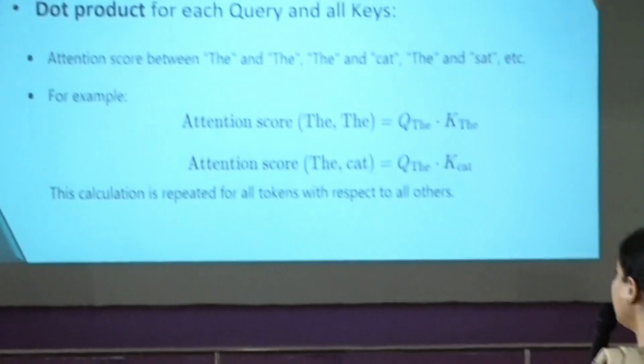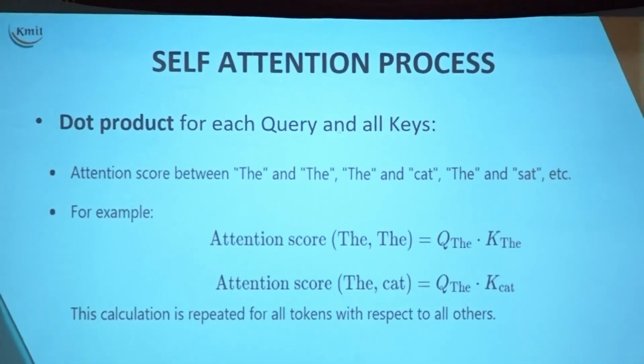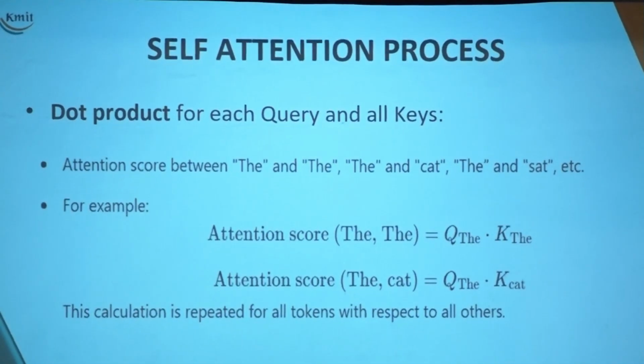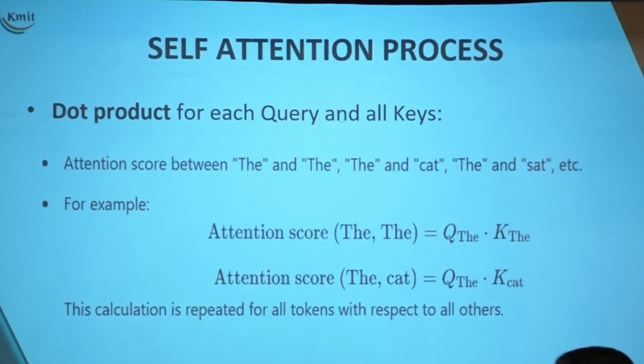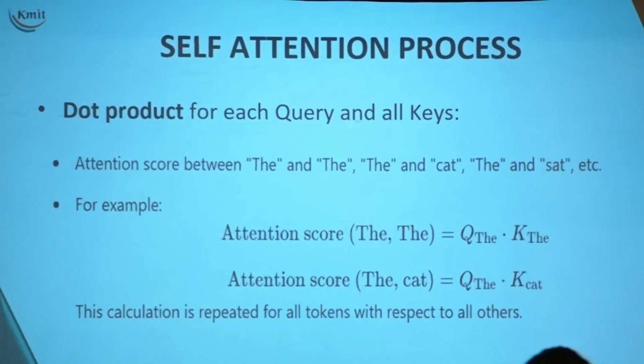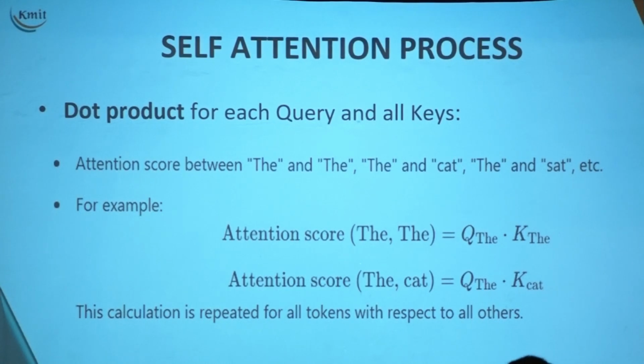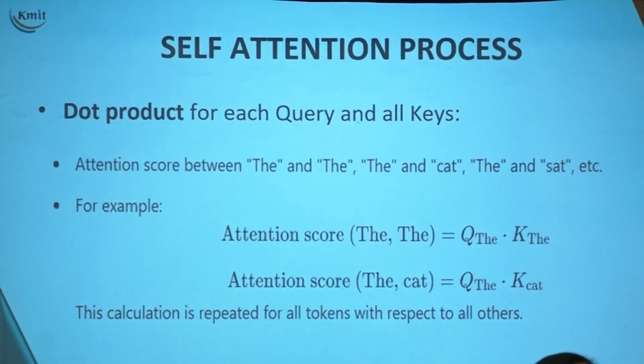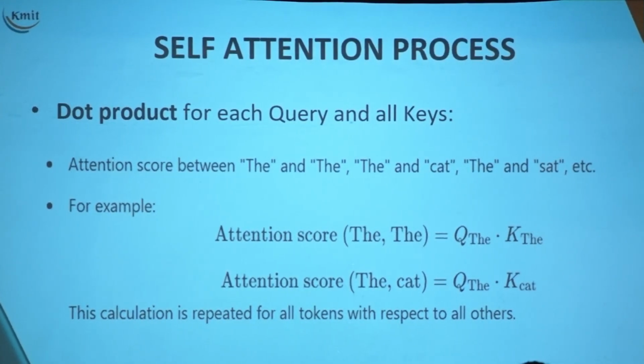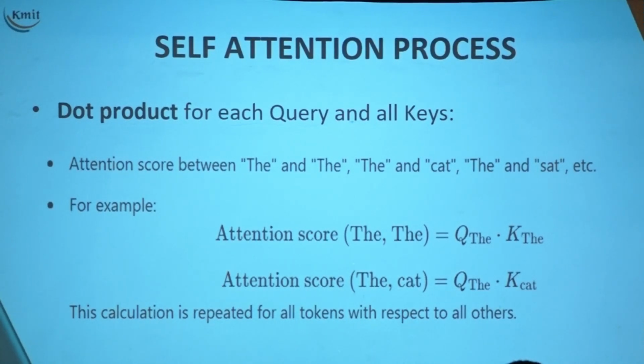So here what it will do, try to find out first attention score between the. Suppose query is the. So the and the attention score will be calculated through Q dot K. What particular attention that I am using here? Dot product attention. Okay. The and cat.